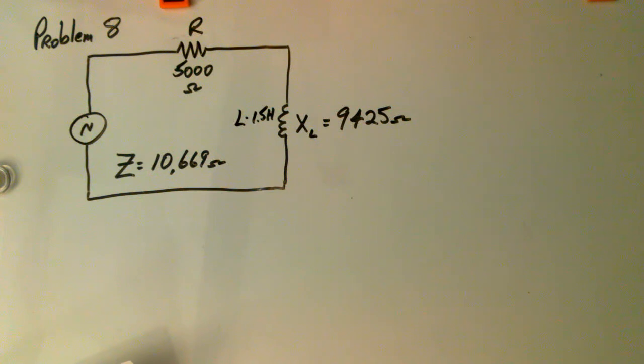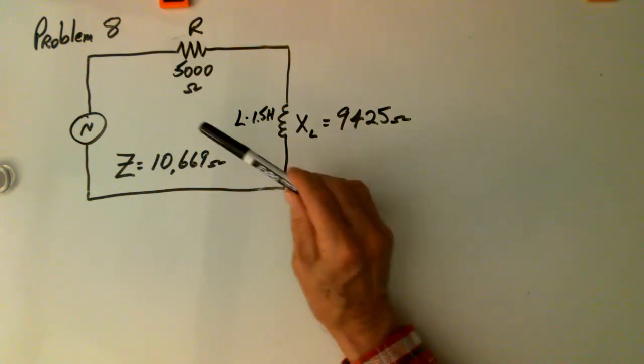Our power supply was 1,000 hertz in the last set of problems, and the power supply voltage was 230 volts. So we've had some consistency, so we didn't have to calculate certain items in the circuit over and over again. So here's the circuit.